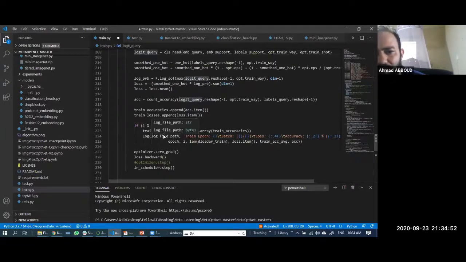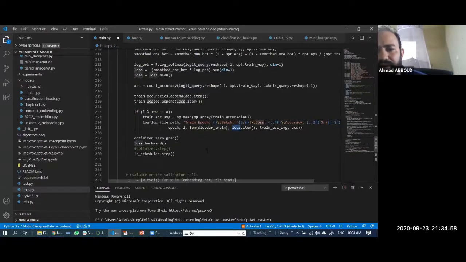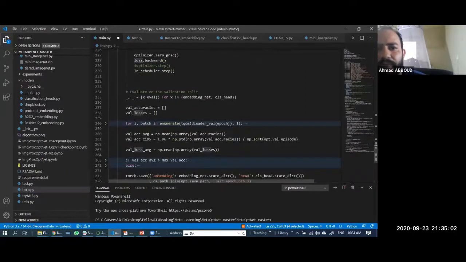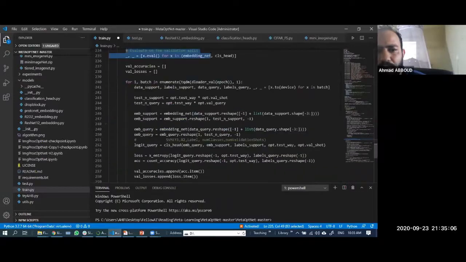After training the model, we run the best parameters or the best model. Here we start the evaluation. We evaluate on the validation set.